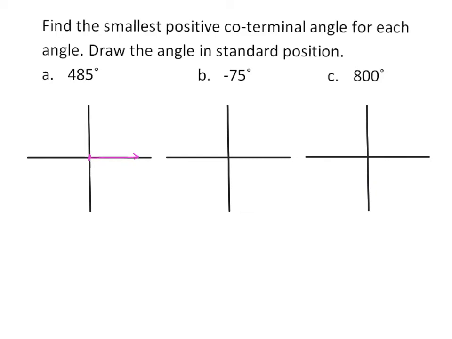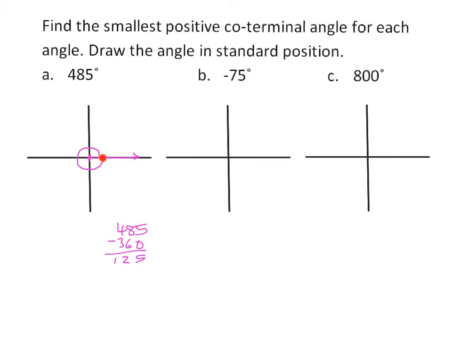This angle will travel all the way around to here, and that's 360. And now we have to determine how much further we need to go to get to 485. So if you think about 485, and so far we've gone 360 degrees around, what we're going to have left is 125 degrees. So we need to go an additional 125 degrees.